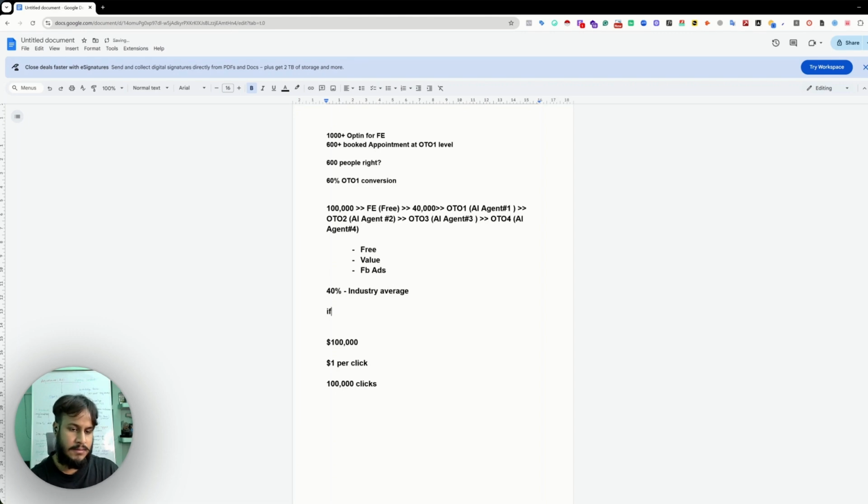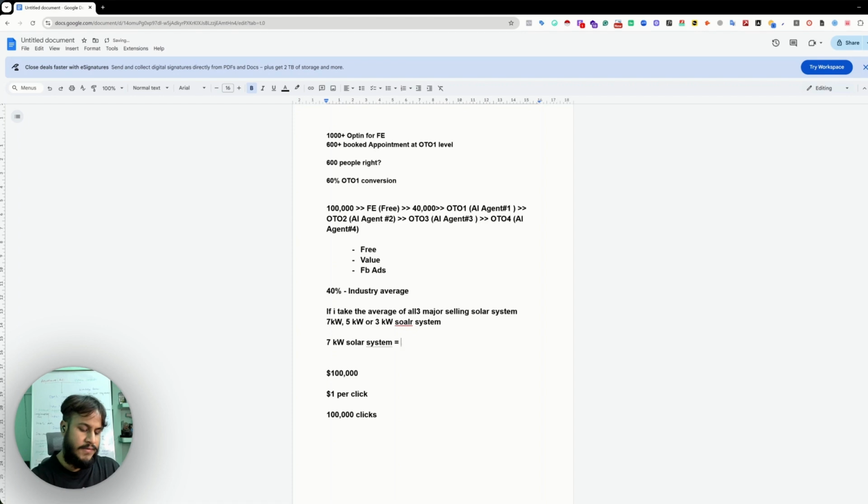If I take the average of all three major selling solar systems, the 7 kilowatt, 5 kilowatt or 3 kilowatt solar system, the 7 kilowatt solar system costs $15,820.